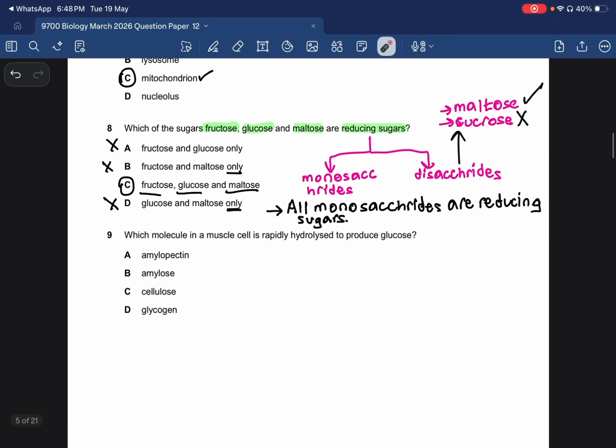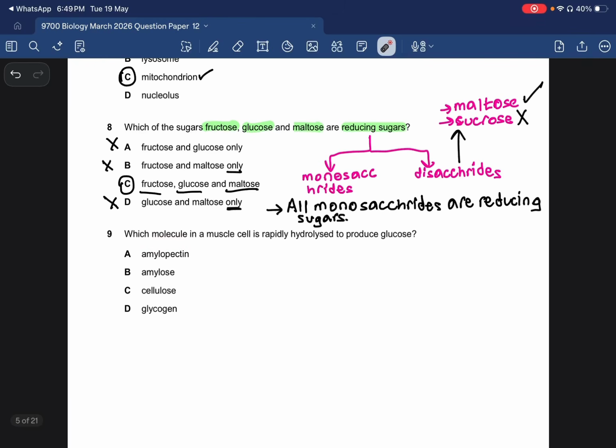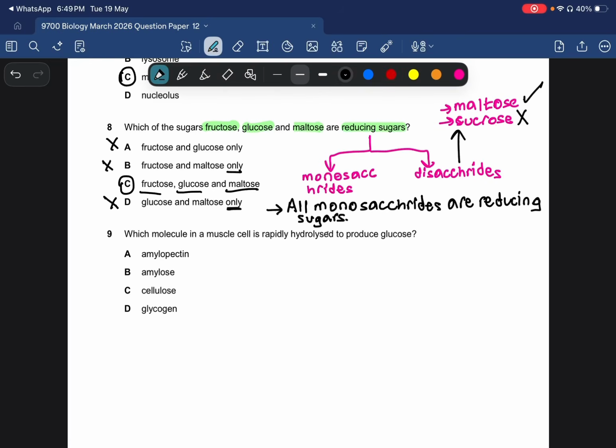Okay. Now, question number 9. Which molecule in a muscle cell is rapidly hydrolyzed to produce glucose? What does the word hydrolyze mean? Hydrolyze means breakdown of a molecule. You're breaking down a molecule using water. Which molecule are you breaking down using water to make glucose? Let's see. Amylopectin, amylose, cellulose, and glycogen.